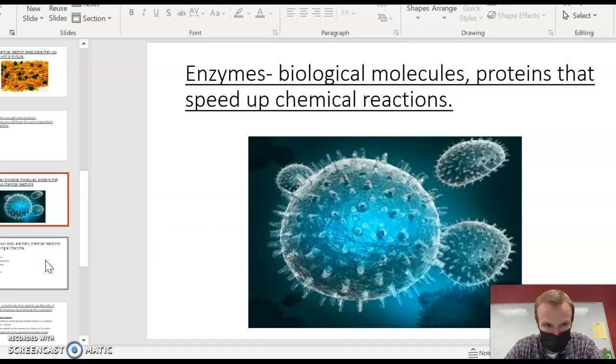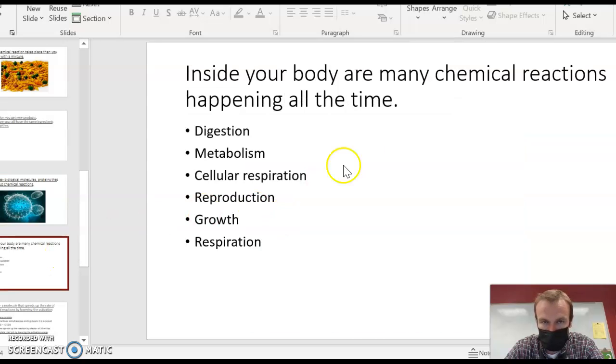And so, in your body, there's all these chemical reactions happening all the time. Digestion, metabolism, cell respiration, reproduction, growth, respiration. And what do I mean by reproduction?